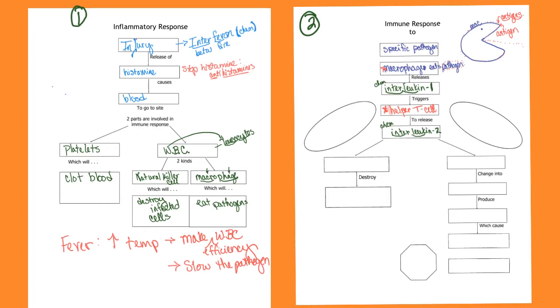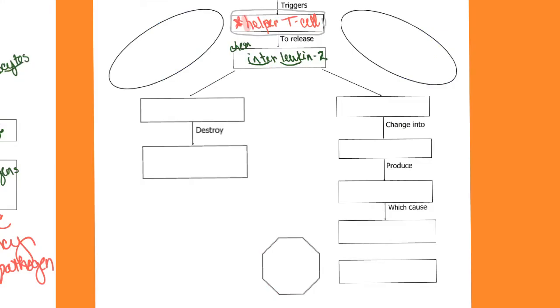Now, I don't know if you caught this or not, but this helper T cell is going to be the thing that directs everything that happens below it. Now, at this point, interleukin 2 is going to cause a number of reactions to happen. The one over here on the left, we're going to call the cell-mediated response.